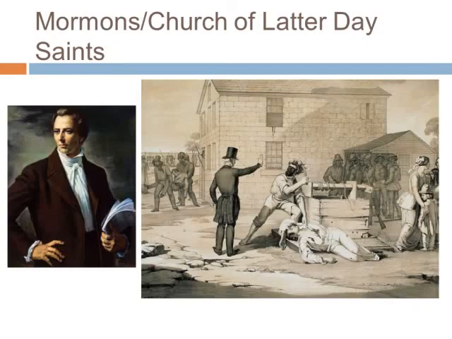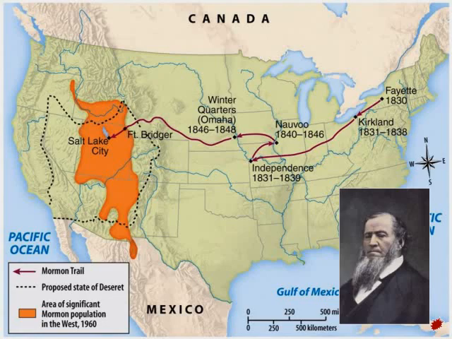Cool. Then you have the Mormon Church. The Mormon Church is introduced and led by Joseph Smith and the Book of Mormon. But they're disliked by other Christians because they had a new Bible, they had their own militia, and they practiced polygamy at the time. Eventually they go where? Salt Lake City.